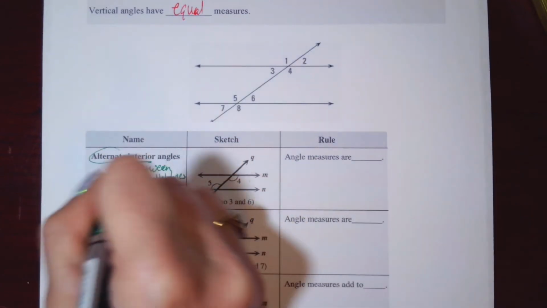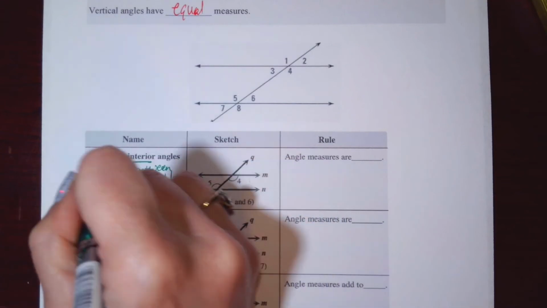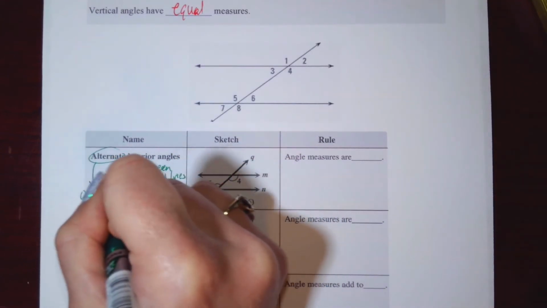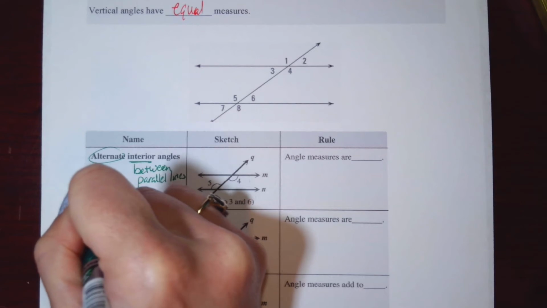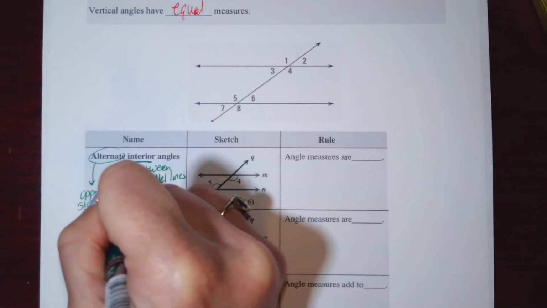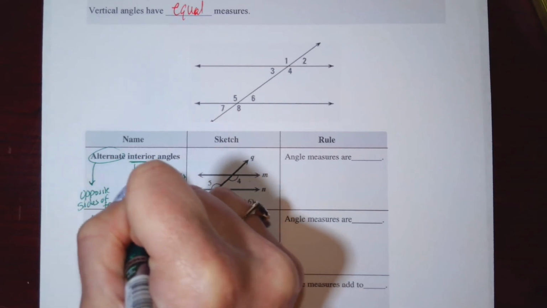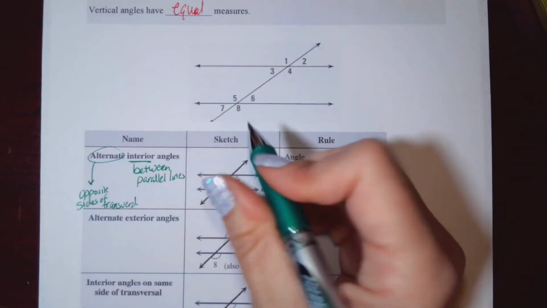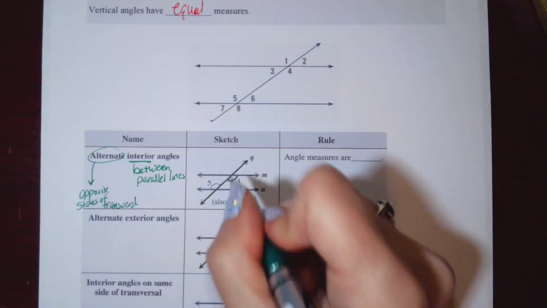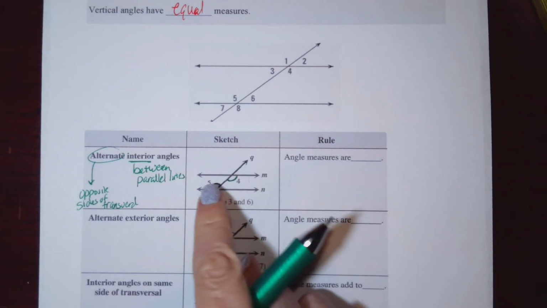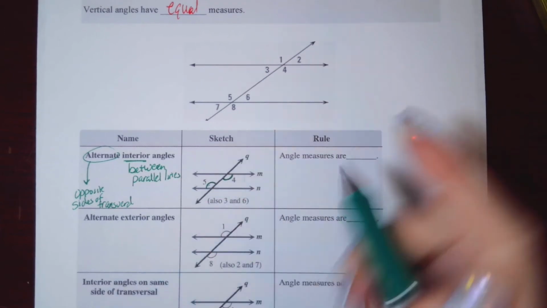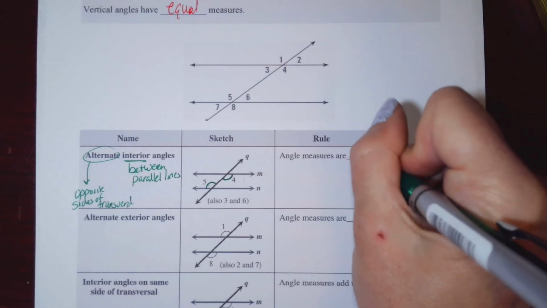And the alternate part is on alternate or opposite sides of the transversal. So the name alternate interior angles gives you the location. They are interior to the parallel lines and on alternating sides of the transversal. Alternate interior angles have equal measure.